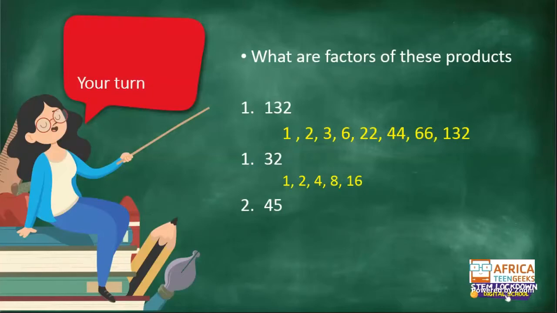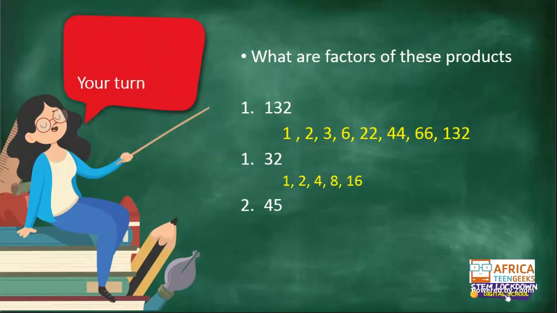Let's look at the factors of 32. You multiply 1 by 32, it is 32, so 1, yes, is a factor. 2 multiplied by 16 is 32, so 16 and 2 are factors. We have 4, and I see the 3 also. There are people writing 3 as a factor of 32.